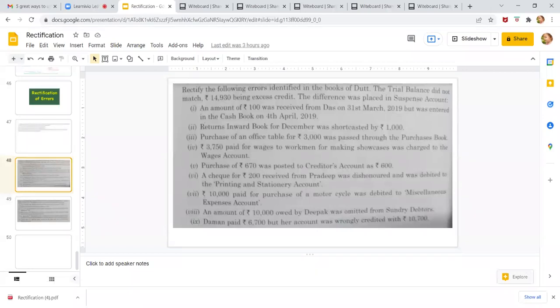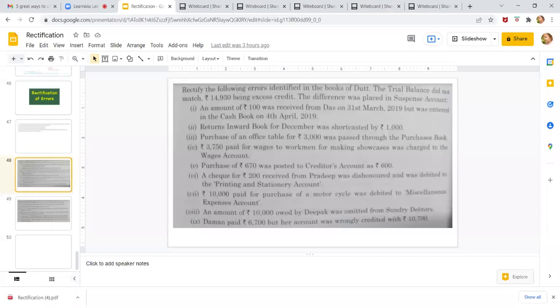And on the credit side, the particulars, it's by return inwards with the amount of 1000. Oh wait, sorry, I missed the date.